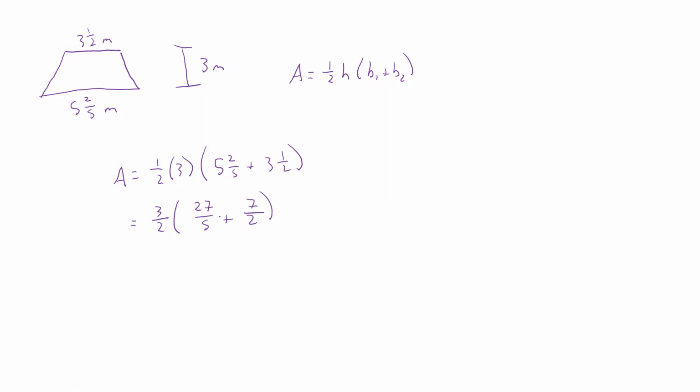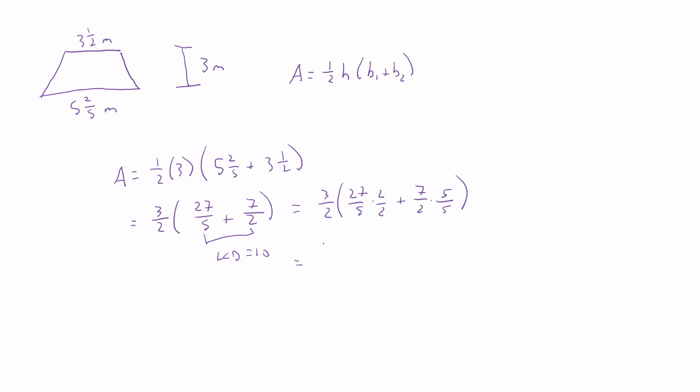Now we need to simplify here and add by getting the common denominator. Well, the LCD between those two is equal to 10. So we're going to have 3/2 times 27 over 5 times 2 over 2 plus 7 over 2 times 5 over 5.